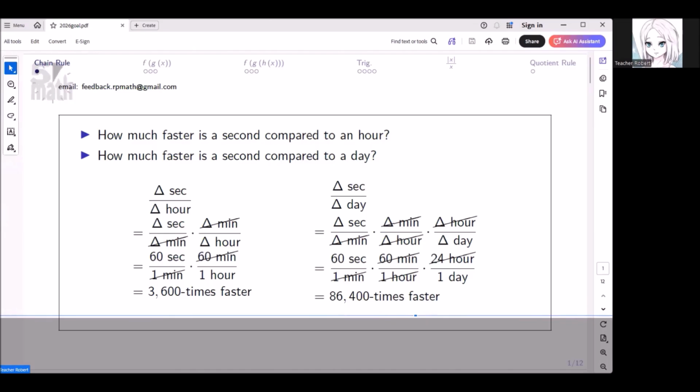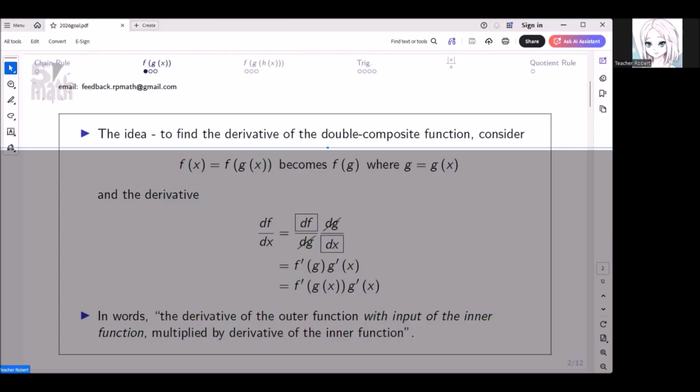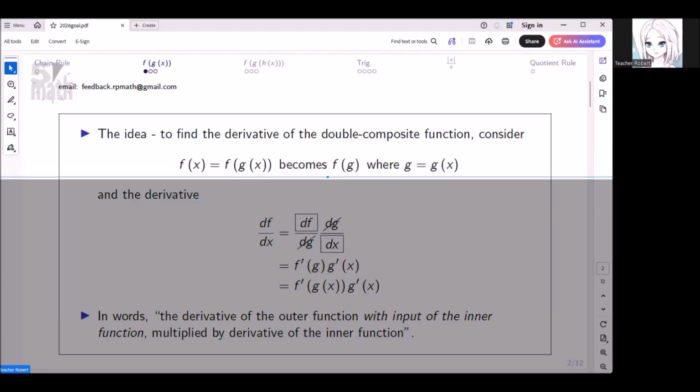Here is the following. The idea: to find the derivative of the double composite function, consider f of x equals f of g of x, which becomes f of g, where g equals g of x.